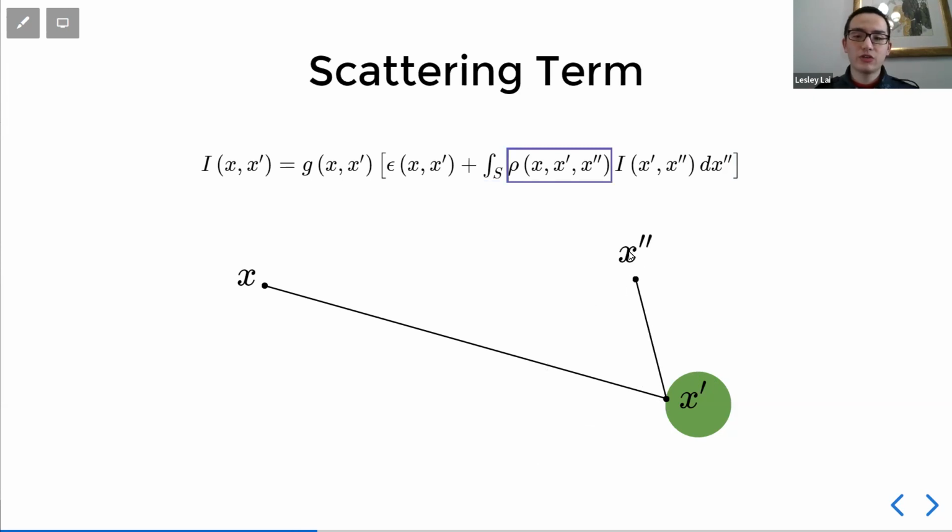First, notice we introduced a new point called x double prime, because we need this x double prime point to represent a point on the surface integral. And then we have this most interesting scattering term, which in modern terminology is kind of just our BSDF, even though this scattering term is a little bit different from BSDF. It represents a three-point unoccluded light intensity.